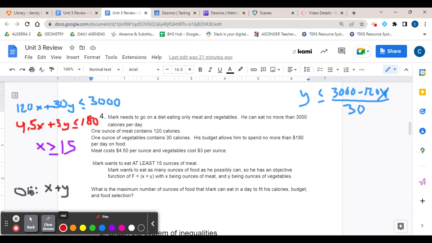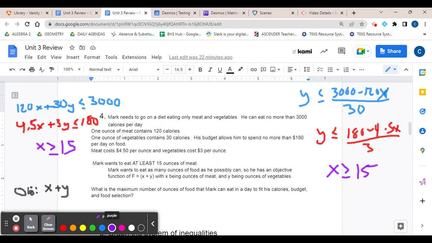On this red one right here, to get y by itself, y is going to be less than or equal to 180 minus 4.5x all over 3. And we also have x is greater than or equal to 15.